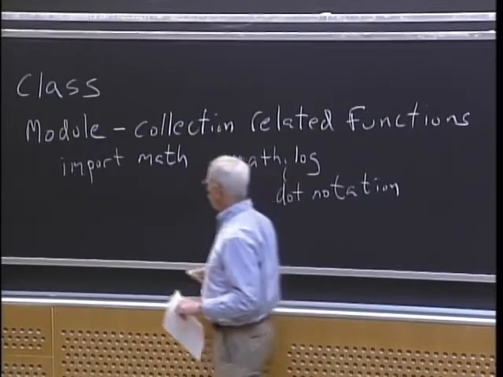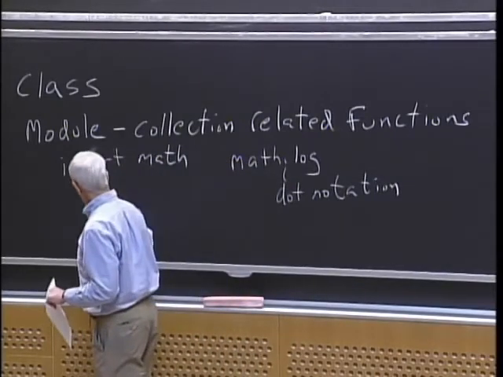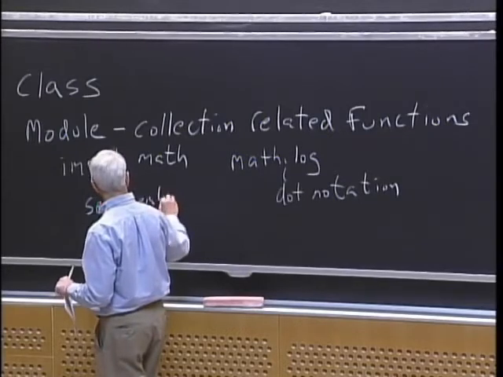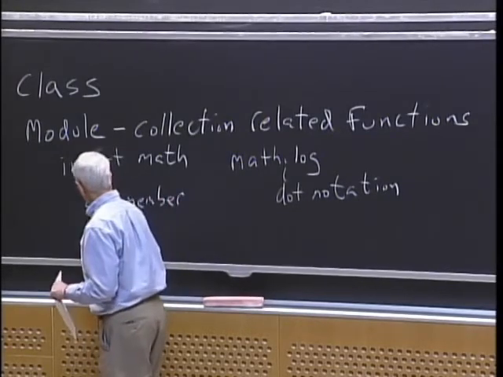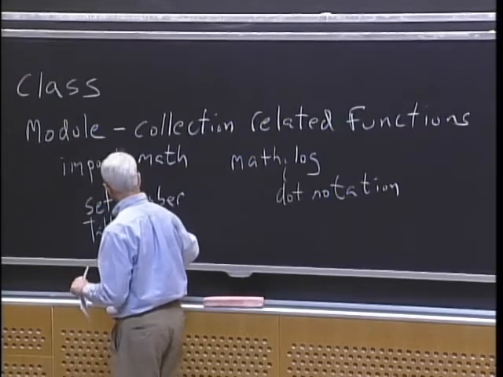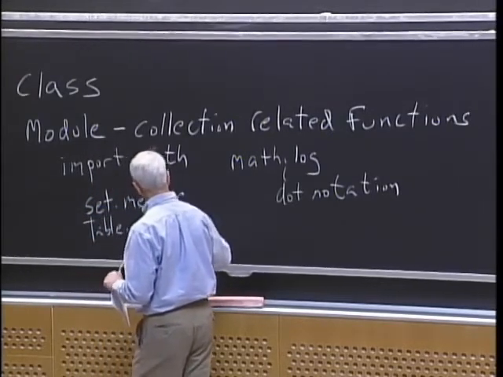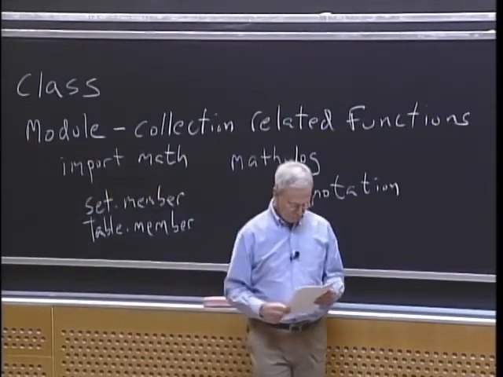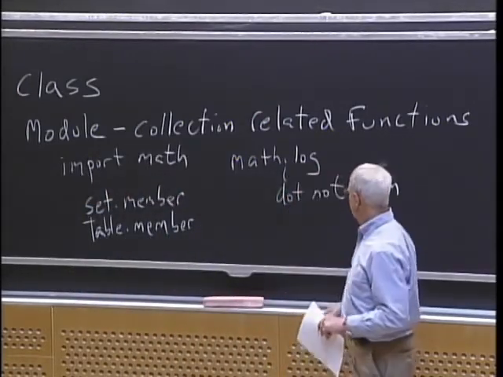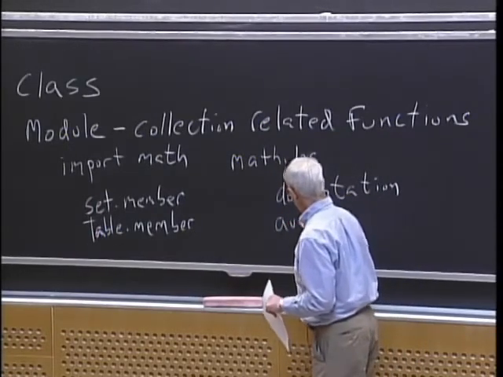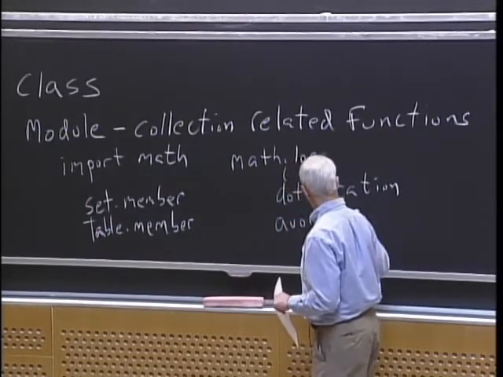But certainly, you might imagine that set.member and table.member would be different, and that both might exist. And as we said before, the dot notation avoids conflicts by disambiguating.